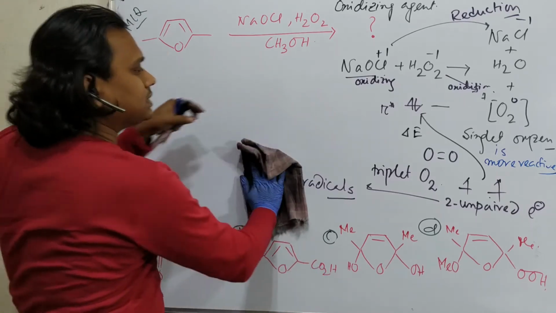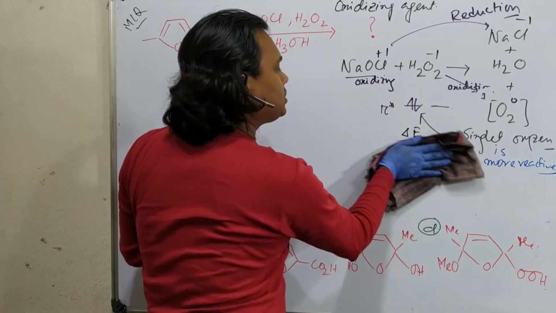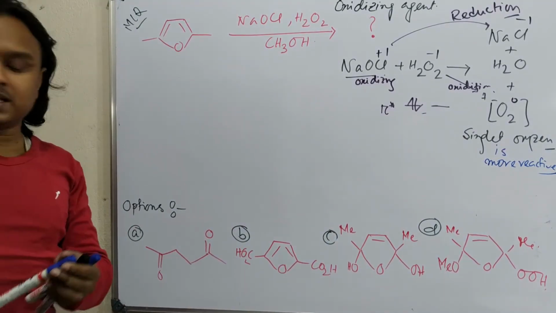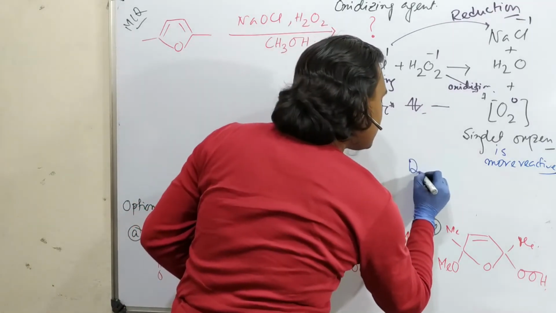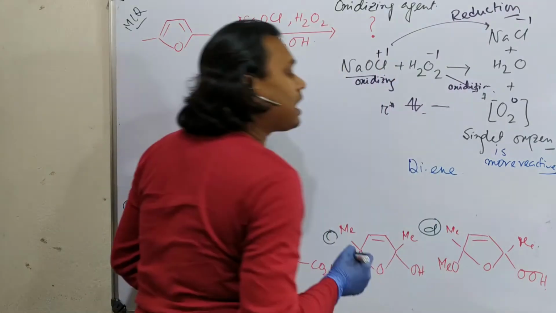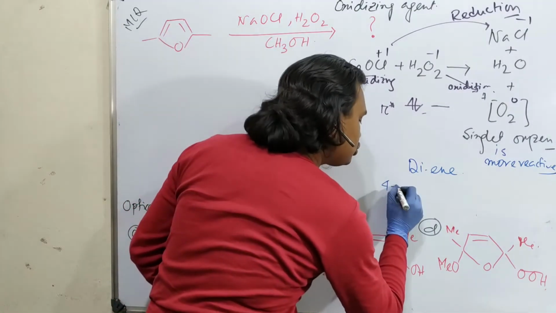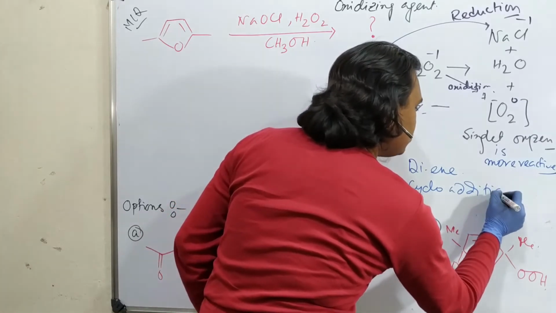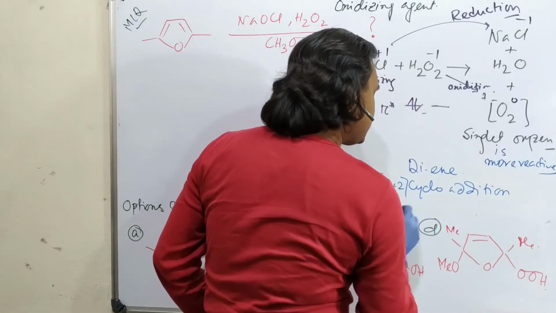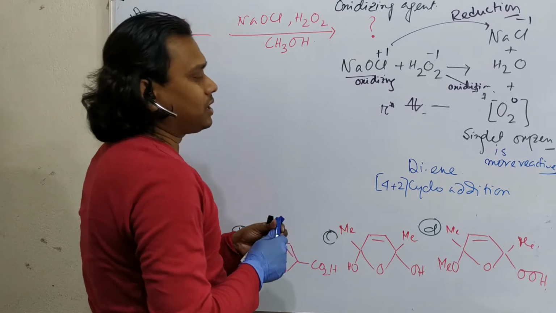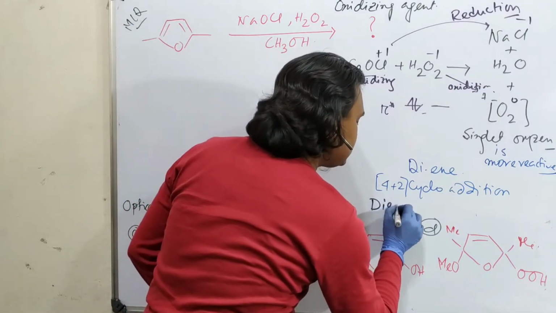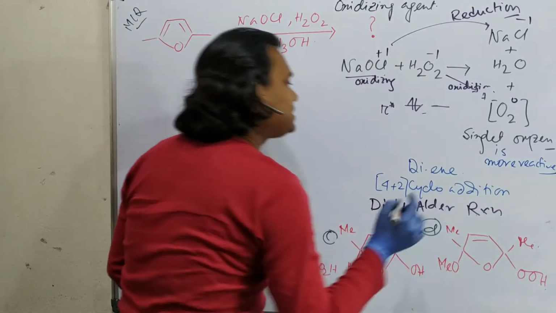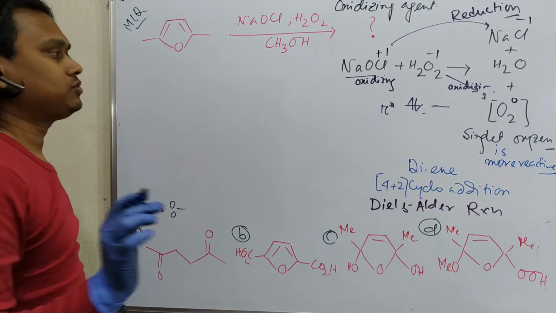It can act as a diene and can undergo 4+2 cycloaddition, and one of the 4+2 cycloaddition reactions is the Diels-Alder reaction. I have discussed this in a previous video. Please visit if you want to learn details.